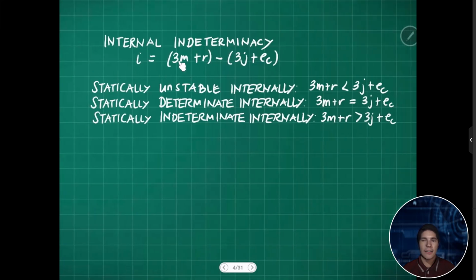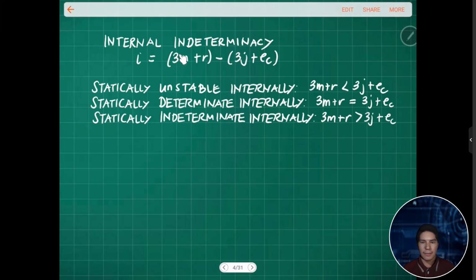For the internal, we also have the reactions in addition to the internal forces. For every member, we have three unknowns, which are the axial, shear, and moment.